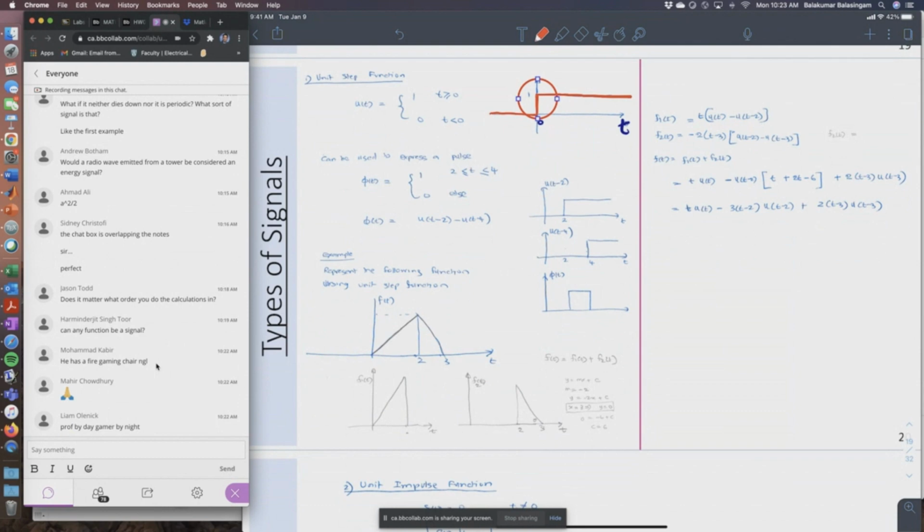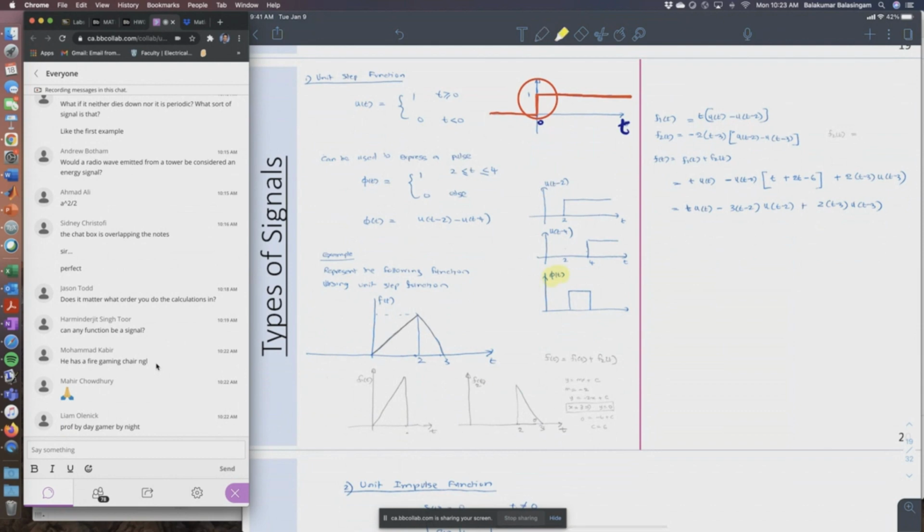Okay. So the unit step function, if we apply these, can be used to express a pulse. I used the unit step function and the signal operations that we studied earlier to define this pulse phi.